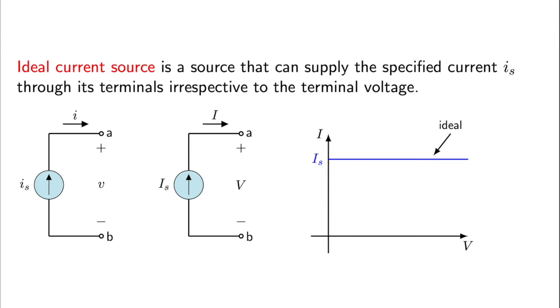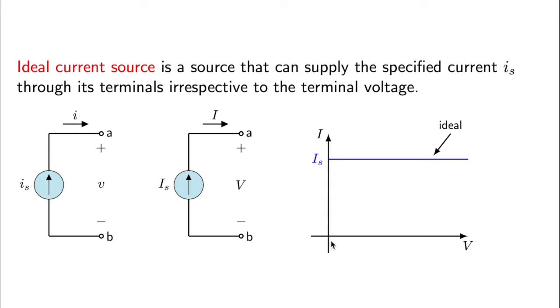Besides the ideal voltage source, there is also a representation of the ideal current source. The current source is represented by a circle with an arrow. This arrow points in the direction of the current supplied. Ideal nature suggests that the source is able to maintain the current level as specified irrespective of the voltage.